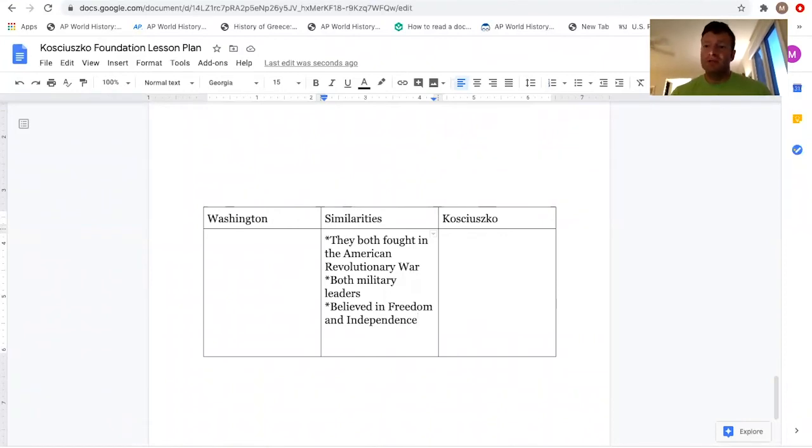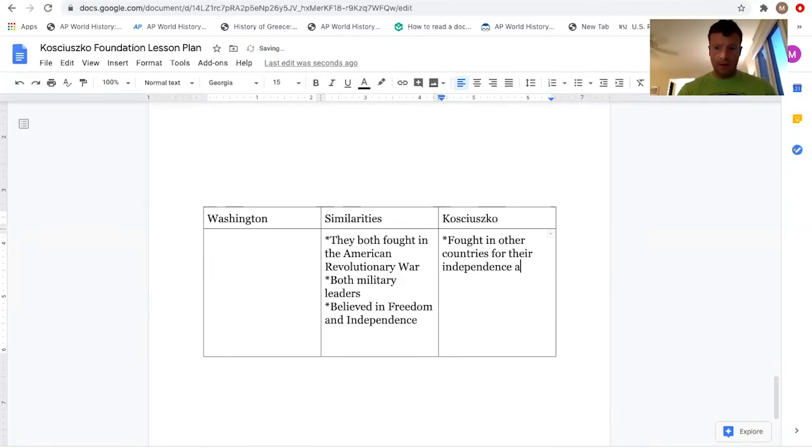Where they differed partially is Kosciuszko fought for independence for other countries, not just his own. So with that being said, we can say for some differences, Kosciuszko fought in other countries for their independence and on different continents.